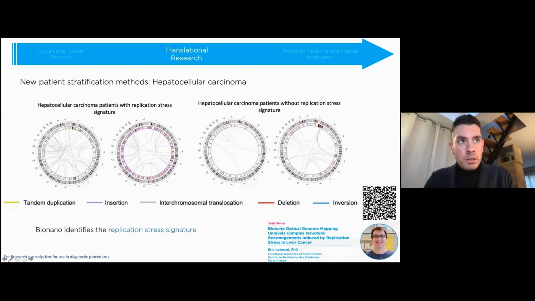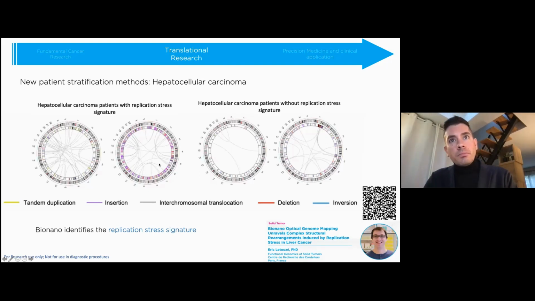And these patients harbored a lot more chromosomal instability, and you can see at the center the tremendous amounts of interchromosomal translocation in addition to tandem duplication and insertion that are reported here, slightly differently from the circos plot that we generate.